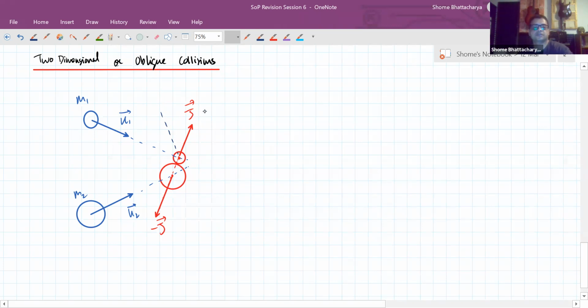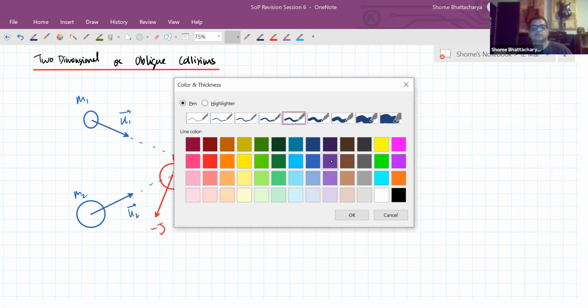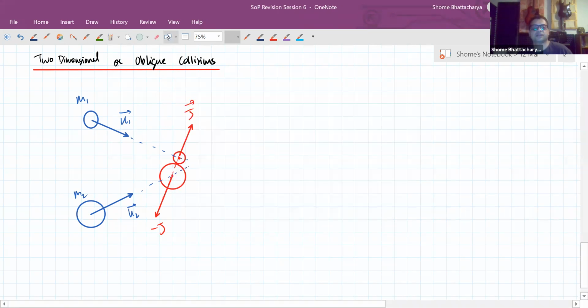So the final momenta of these particles after the impact might be along some axis like this, and axis like this, let's say. So they go off in these sort of directions.